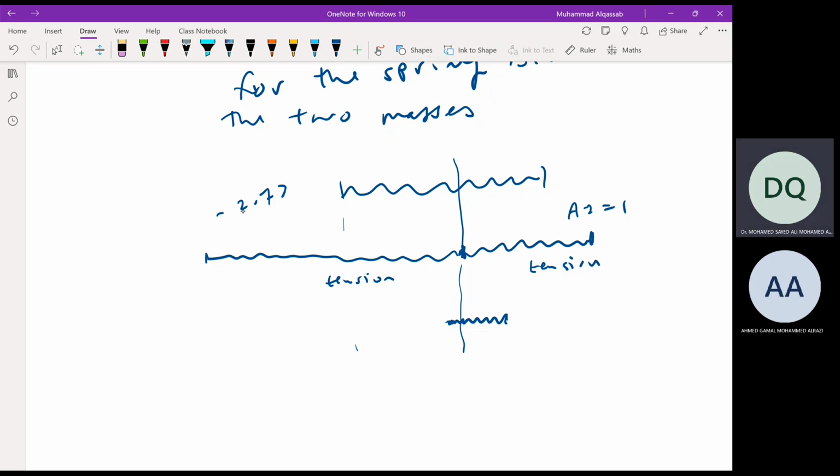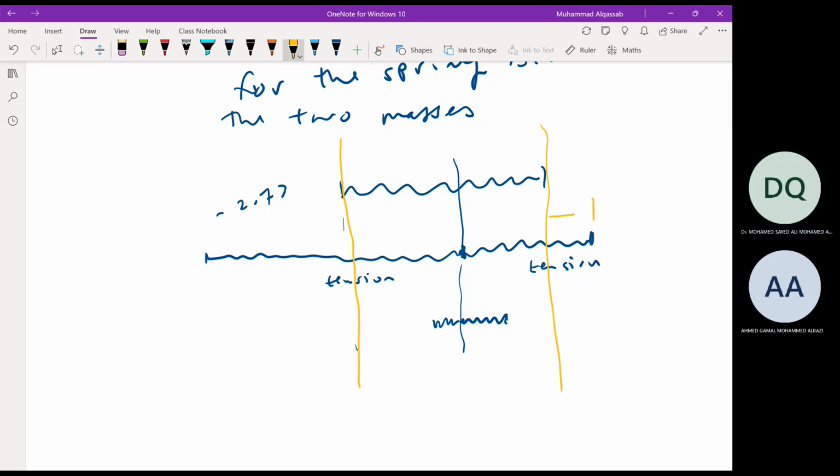Okay, so here this is, let's say, the 0 line. This is moving 1 here. This will be moving from here minus 2.7.